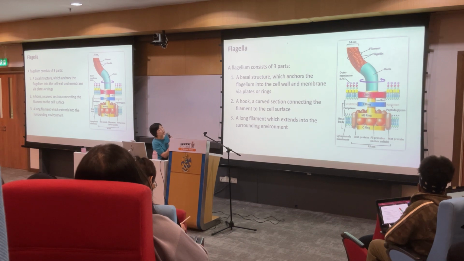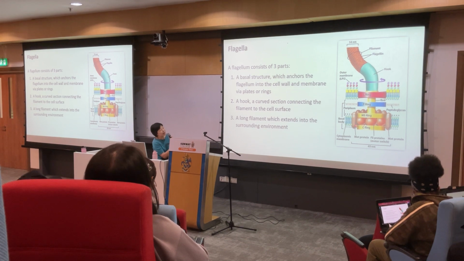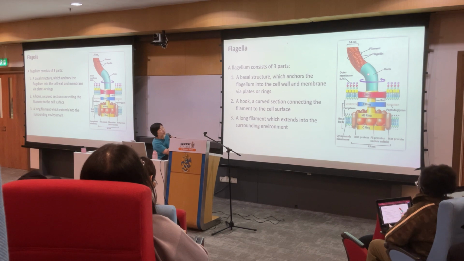This basal structure has 4 rings. This is gram-negative. You see the outer membrane, peptidoglycan, and inner membrane, with 4 rings. And these 4 rings can rotate. When these 4 rings rotate together, it is because they are all connected, so they rotate at the same time.